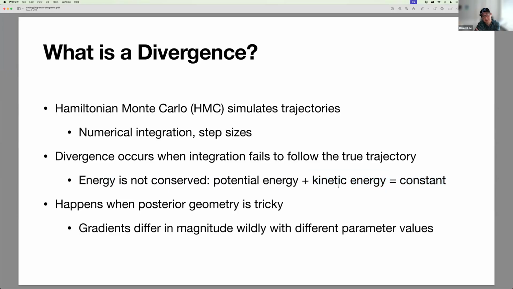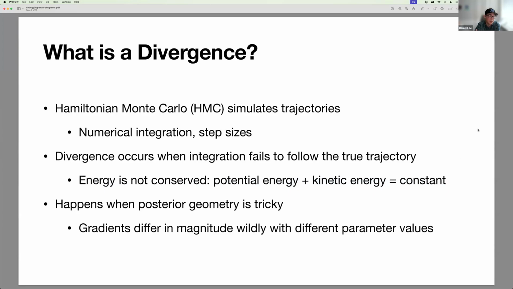And if you take 10 steps and it's not close to the constant anymore, then you know it's off. It turns out when you simulate trajectories like this, once you start going off, it'll go very far off of this constant value.